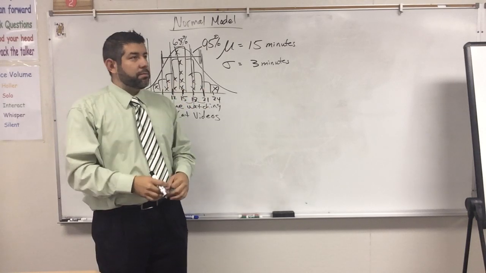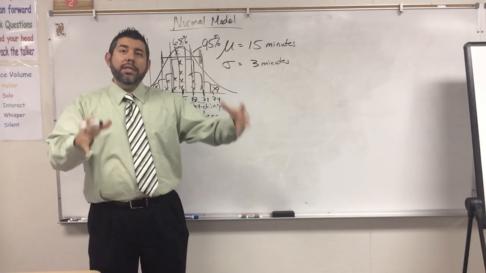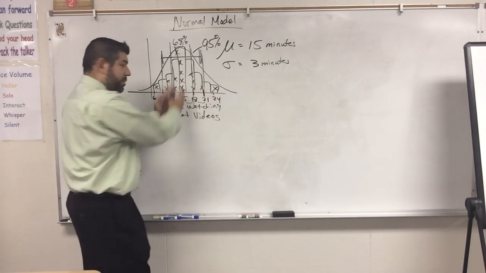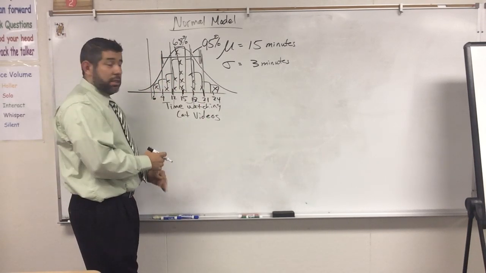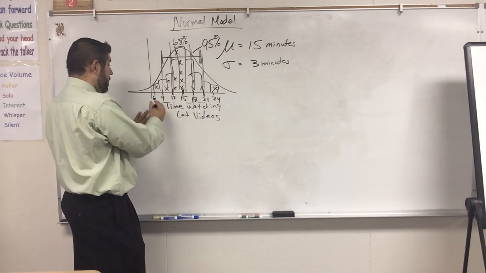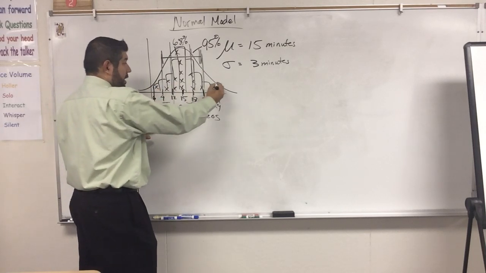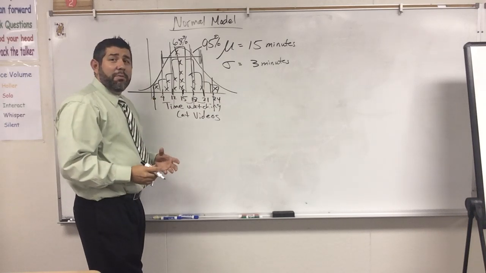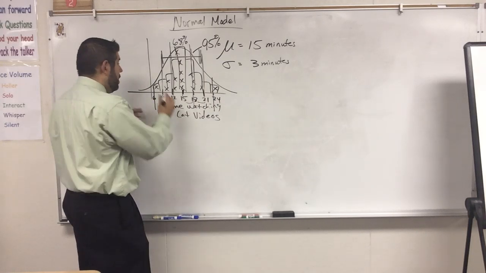95% of them. If we go one more standard deviation, three standard deviations out away from the center, the mean, this is symmetric, right? We go all the way out to here, we pretty much look like we've got most of our data, right? Most of it's right there.